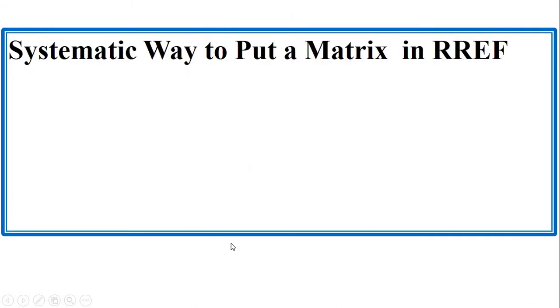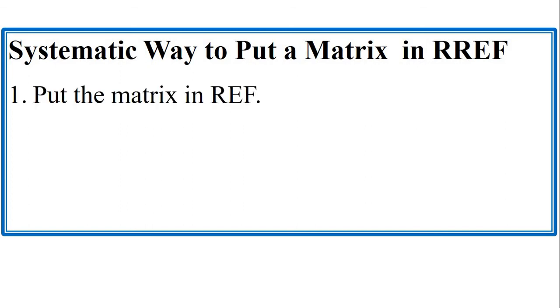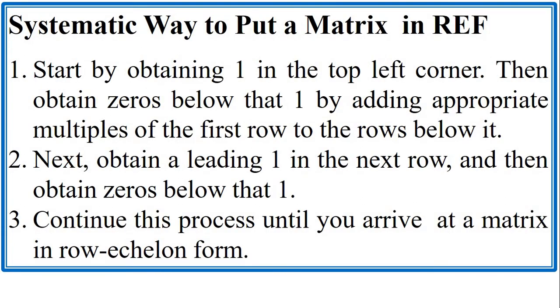So here is a systematic way to put a matrix in RREF. First, we put the matrix in REF. And how do we do that? We discussed this in the previous video. We first start by obtaining a 1 in the top left corner and then obtain zeros below that 1. How do we obtain zeros below that 1?